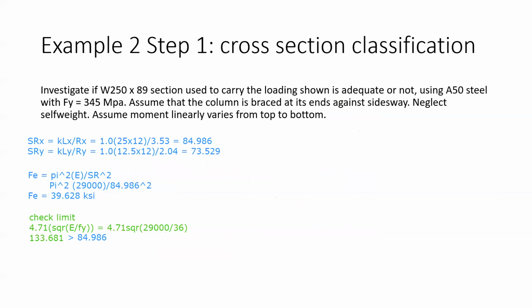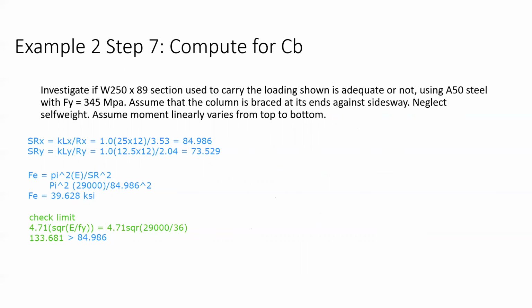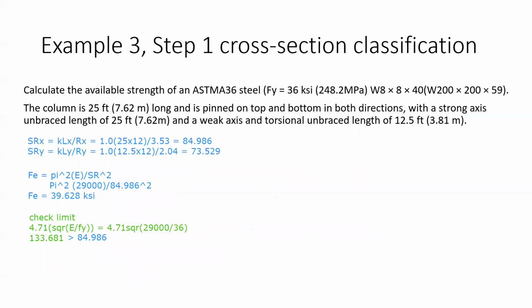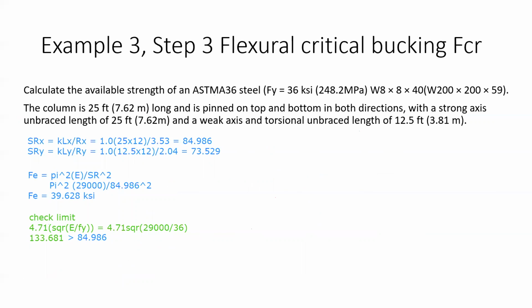Zero 0.658. Cross-sectional buckling, FCR. Okay. So FCR is equal to 0.658 raised to Q Fy over Fe, times Q Fy.